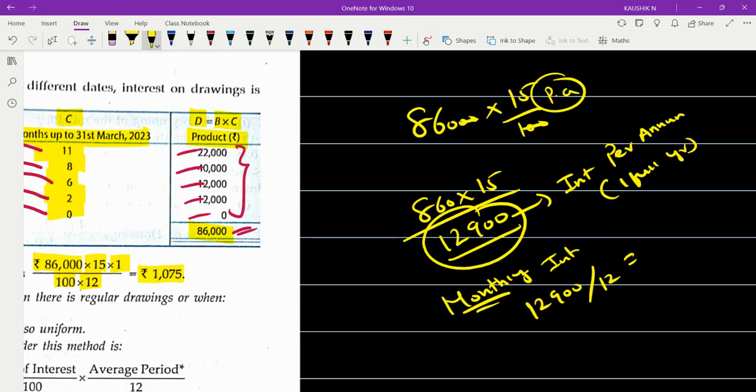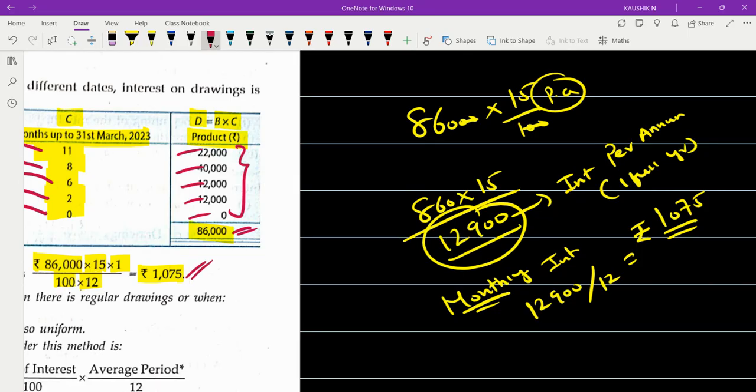What value will you get? 12,900 by 12 is 1,075. That is what you are showing here.